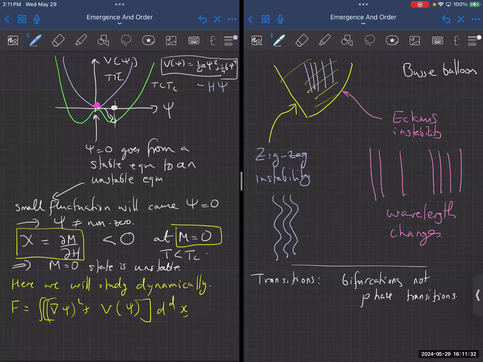Okay, but if you want to know what is the size of domains, then you have to solve for the dynamics. In a magnet, you've got one region of magnetization here pointing one direction, one region over here pointing another direction.